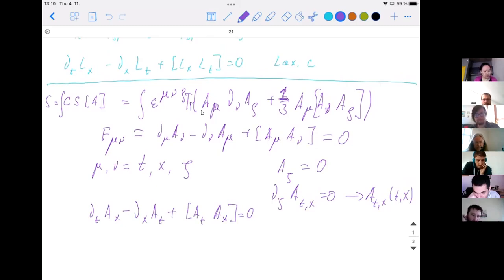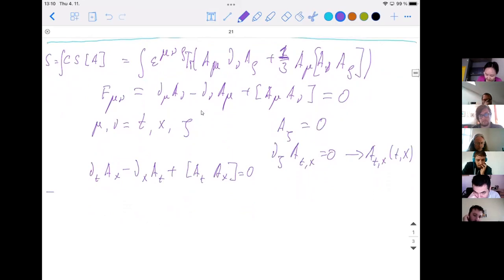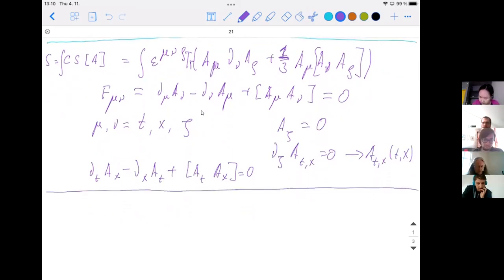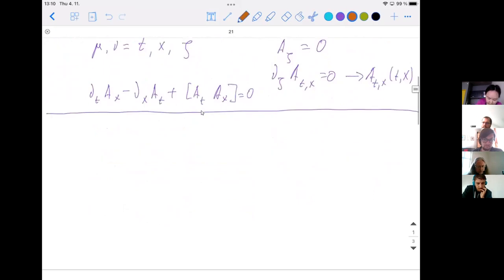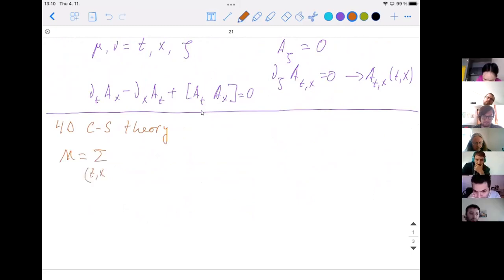So this is how the four-dimensional Chern-Simons action was introduced. Now the idea is that we take the manifold to be, so this is the two-dimensional manifold, on CP1.